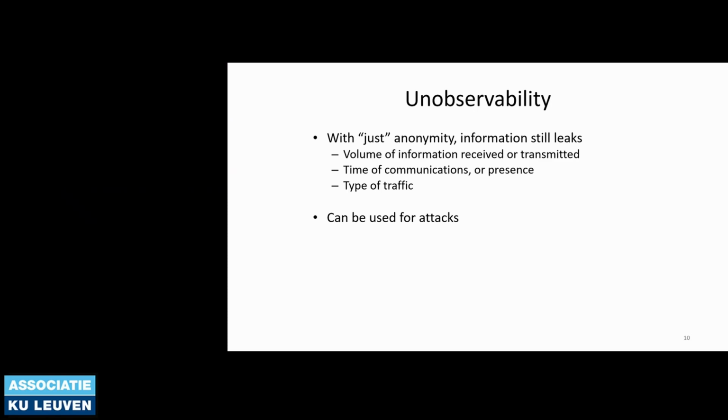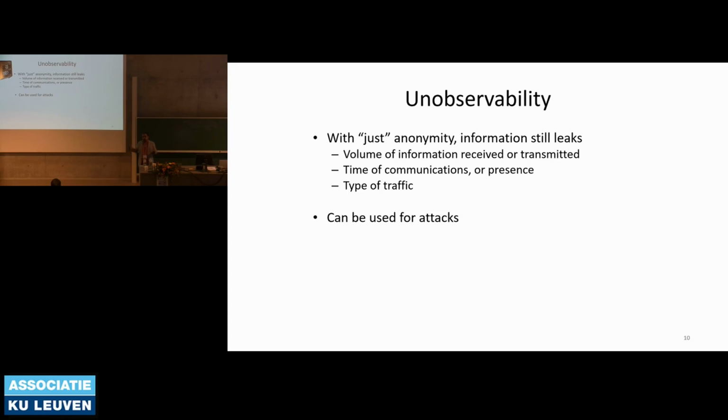Or you can see that there are multiple transactions, or 10 transactions happen at the same time. That means it still reveals information. Probably, if all the transactions are happening at the same time, suddenly, they are all from the same person. So the volume information, or the exact time, or the type, if you want to hide all these things, then we call it unobservability.